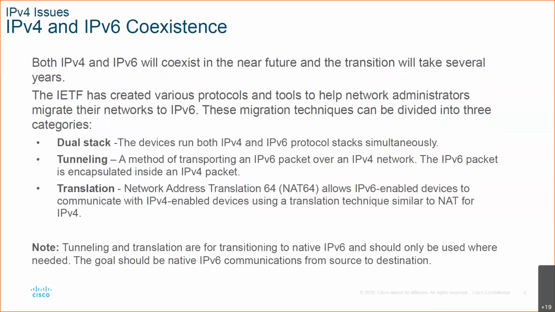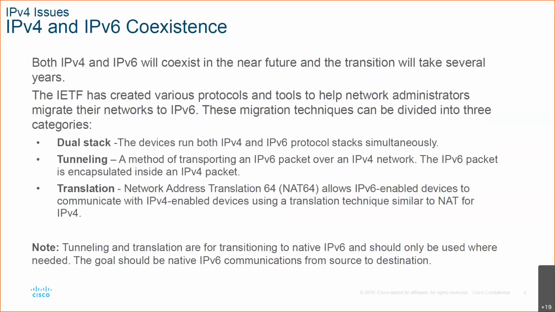Okay. Your Internet Engineering Task Force has created many protocols, okay, to migrate to IP version 6. Some of these are, for example, dual stack, which allows devices to both run on IP version 4 and IP version 6. Like I said, we haven't exactly shifted, so we are somewhere in between.